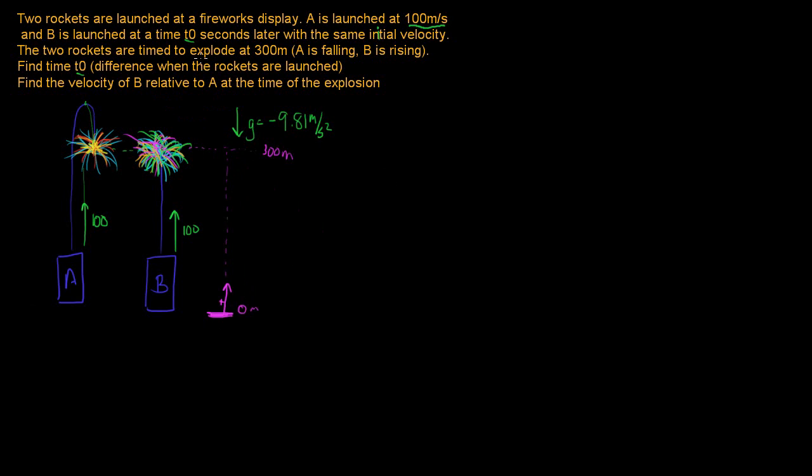And if we write down everything we know for firework A, we have an initial x of 0 meters, a final x of 300 meters, an initial velocity equal to 100 meters per second. Its units are important.